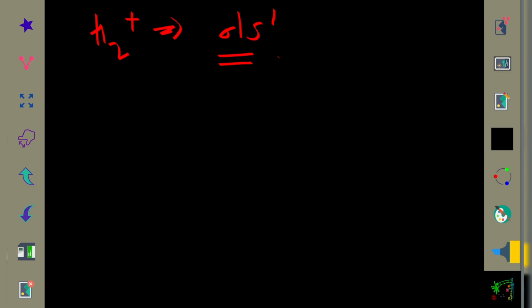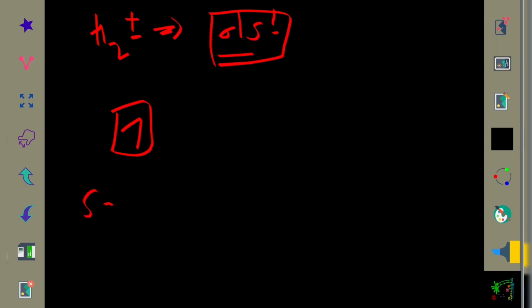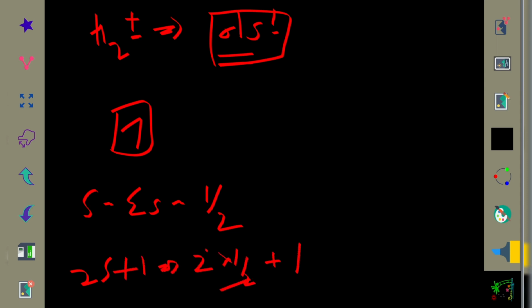Now let's draw the molecular term symbol for the H2 plus molecule. H2 has 2 electrons, and it is now a cation, so 1 electron will be less. Because there is 1 electron, capital S is equal to small s, which is half. Then 2S plus 1 will be 2 into half plus 1, which is 2, right?